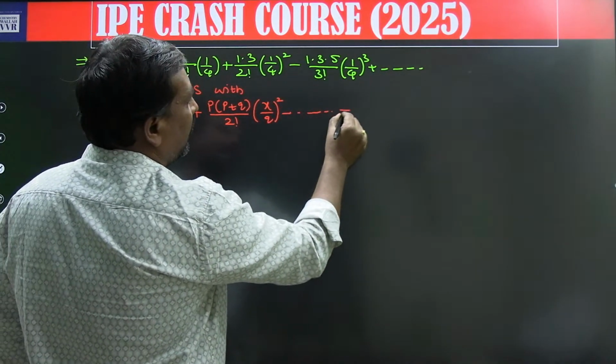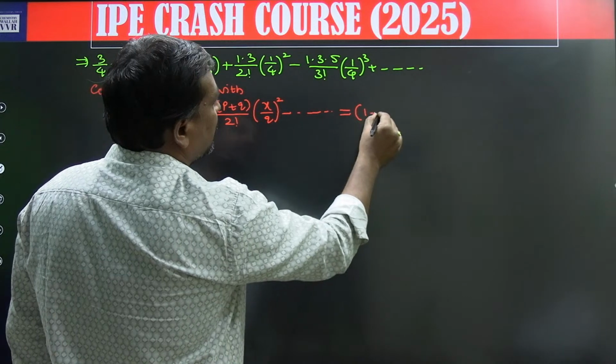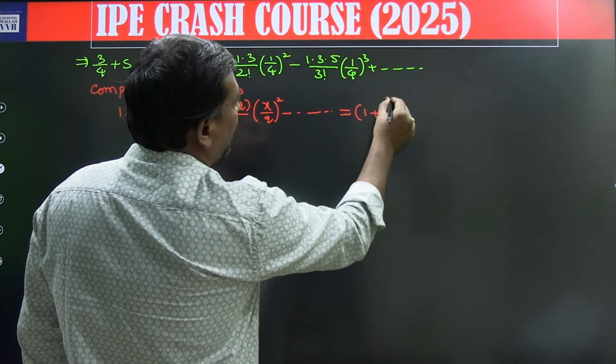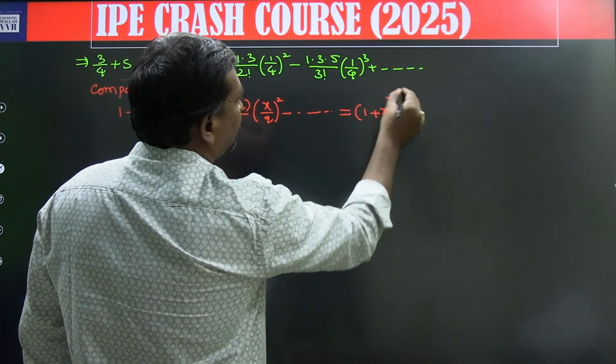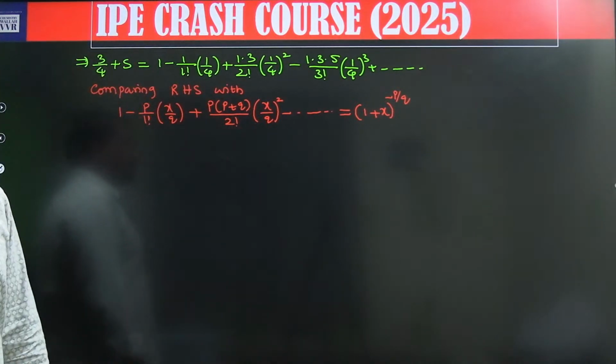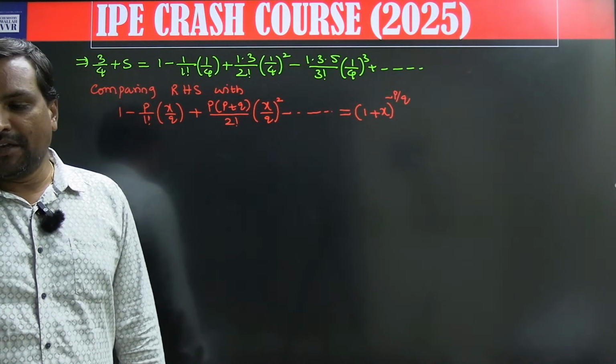This value is 1 plus x whole to the power of minus p by q.